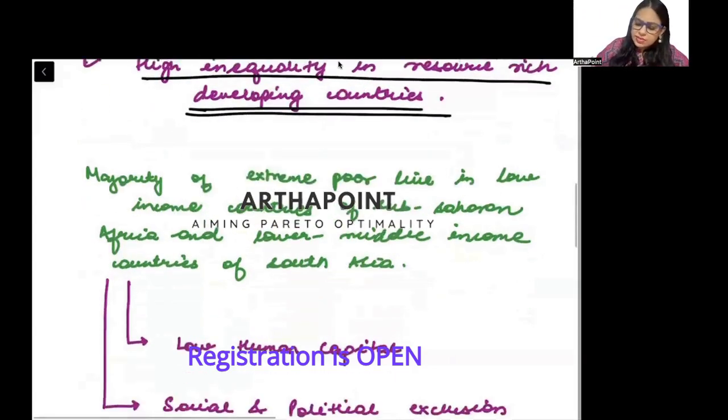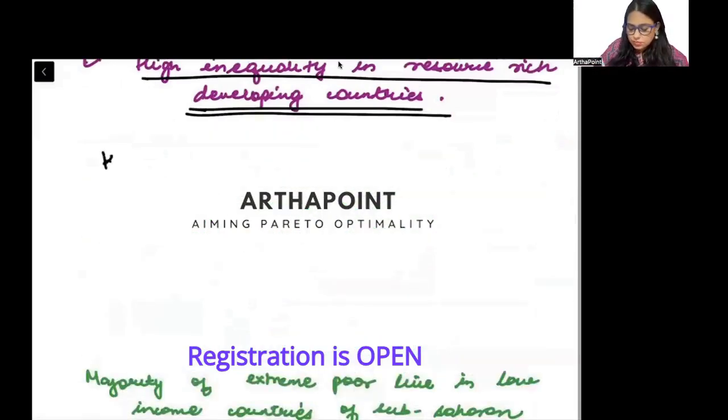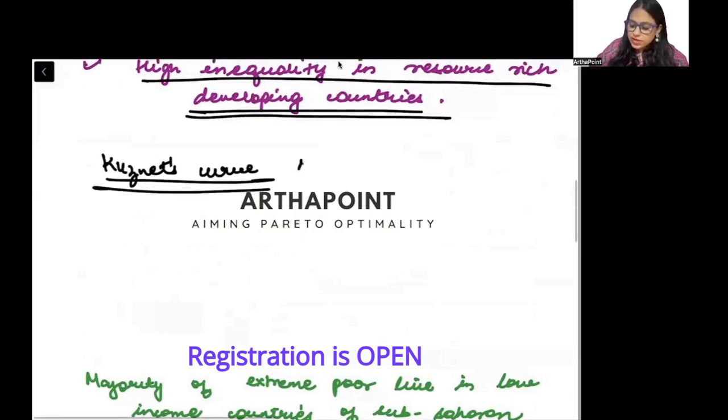In fact, there is something which is known as Kuznets curve. And Kuznets curve क्या करता है?